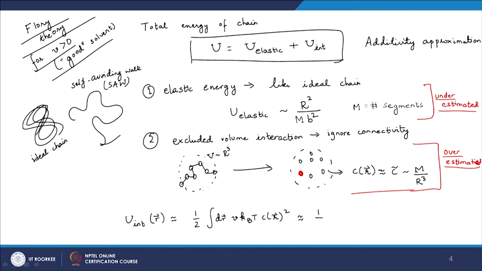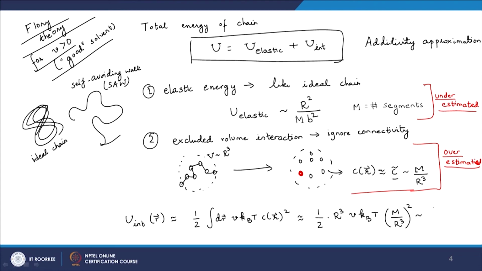In that case I can replace the integration over dr by the volume, and volume in this case is scaling like r cube, and then we of course have V k b t, and then C is approximated as C tilde, which is m by r cube, squared.